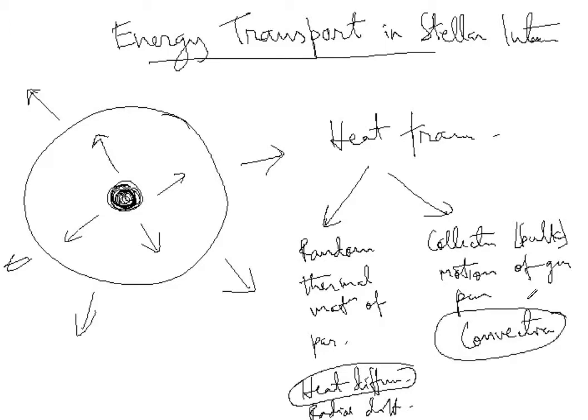This is an important process in stellar interiors, not only because it can transport energy very efficiently, but also because it results in rapid mixing. So, let me first talk about the heat diffusion process.